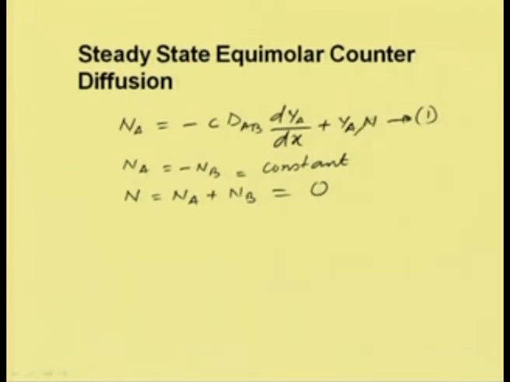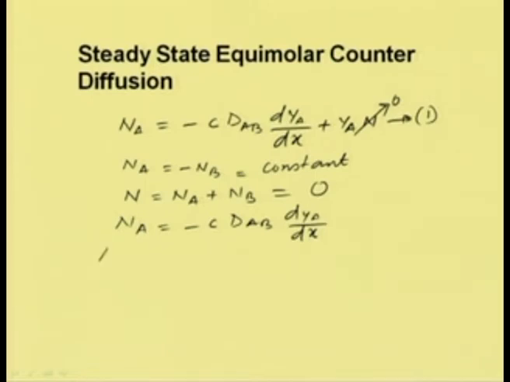Since this is 0, we can write Na is equal to minus C dAB dYA/dx.